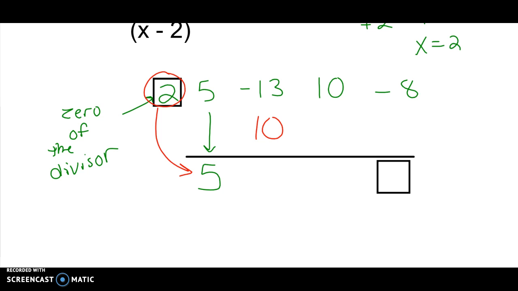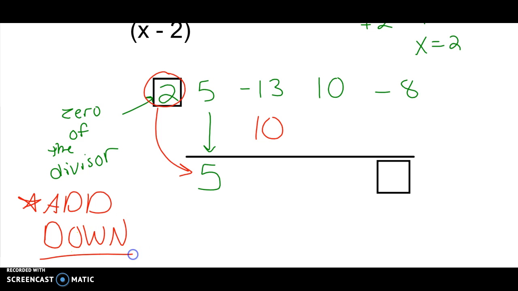Now, make a little note out to the side. The main difference between long division and synthetic division is you add down. You add down. So if I have negative 13 plus 10, I get negative 3.